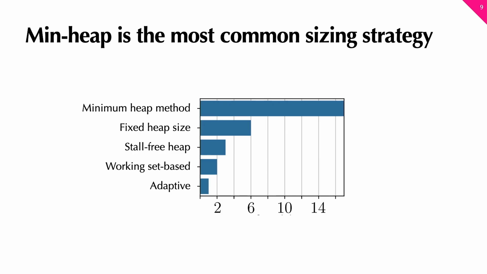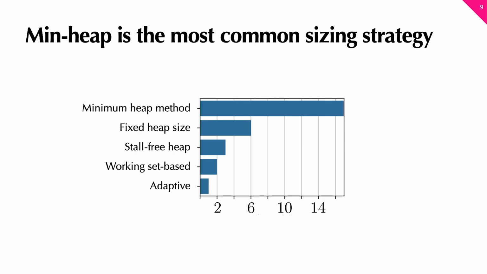It's basically the minimum heap size, but changed for a concurrent world. So what's the smallest possible heap with which we can reliably run this program without the GC getting on the critical path of performance? What's the smallest possible heap that allows the GC to keep up with the pace of the allocation of the program? So yes, minimum heap sizing is dominating the space.